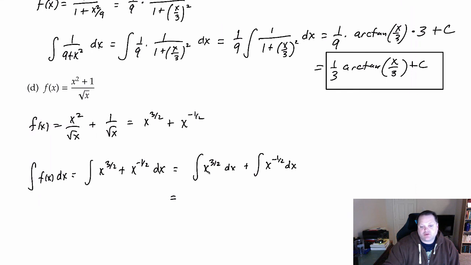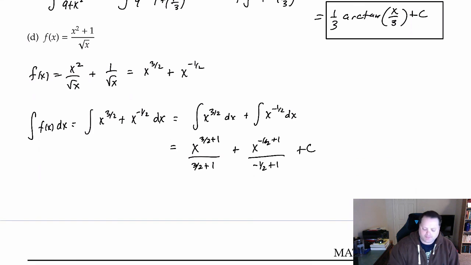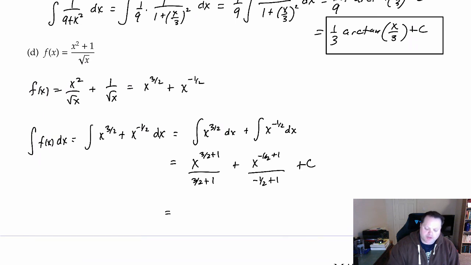And so the antiderivative of x to the 3/2 would be x to the 3/2 plus 1 divided by 3/2 plus 1. Remember, add 1 to the power, divide by that new power. x to the minus 1/2 plus 1 over minus 1/2 plus 1 plus a constant. So this would be x to the 5/2.